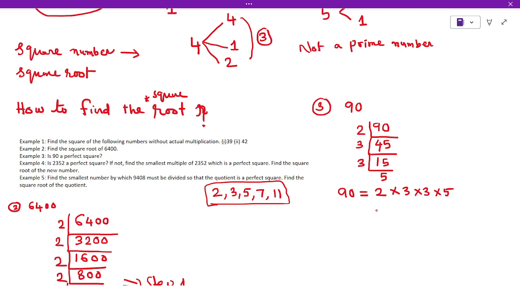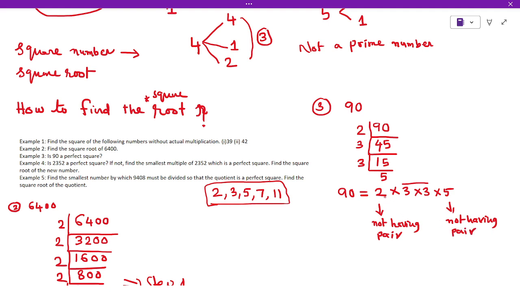Clear? Now as I said, whenever you want to find the square root or perfect square root, what we do, we pair, right? So we have only one pair. We do not have a pair for 2, and similarly, we do not have a pair for 5 also, right? So therefore, now you can see this 2 is not having a pair, and similarly this 5 is not having a pair, right?